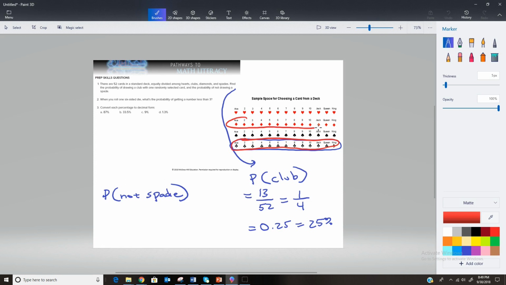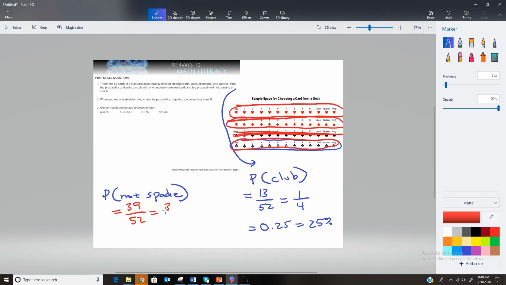The diamonds are not spades. And the hearts are not spades. So all of these cards, except for these, because these are the spades. So we're going to count all the cards that are not spades, which would be 13 plus 13 plus 13, which would be 39 out of the 52 cards.